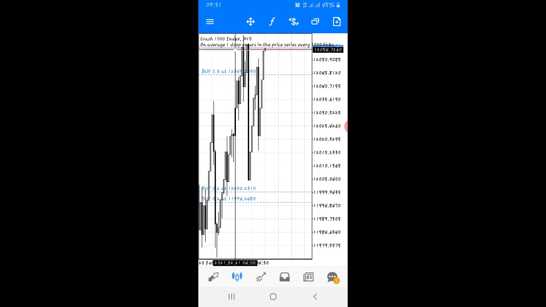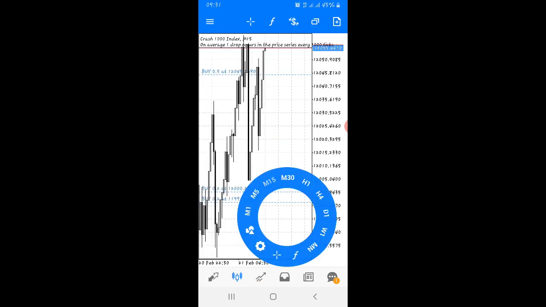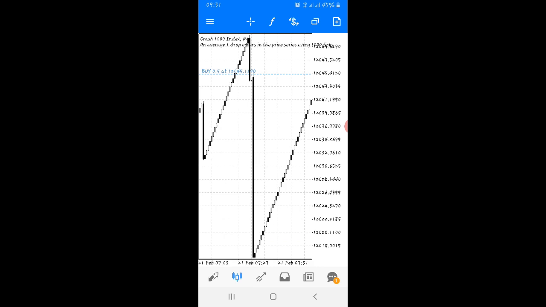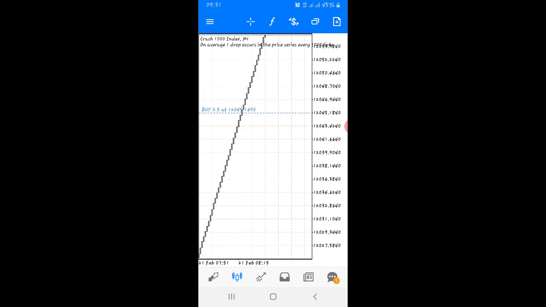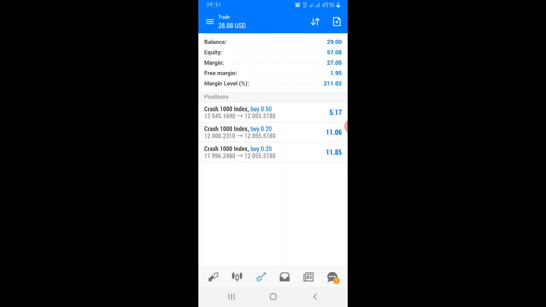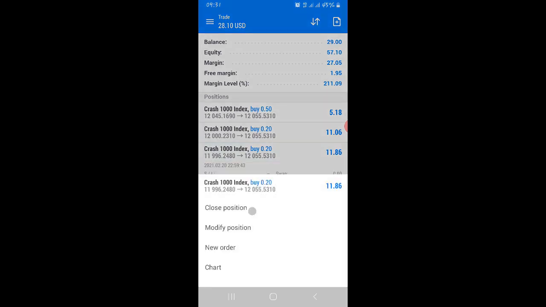Even if it will continue, it will spike. So I don't want to wait for that. I need to leave the market here. For the 1 minute time frame, you can see it's on a heavy buy. So let me exit this market.